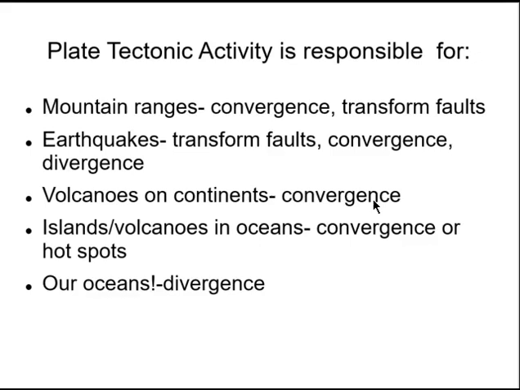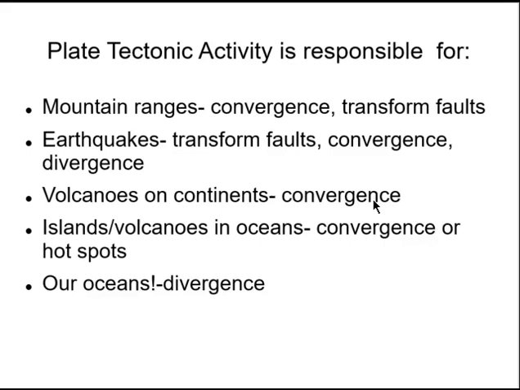So the process of plate tectonics is responsible for mountain ranges. Mountain ranges are formed by convergence and also transform faults. It is also responsible for earthquakes. We experience earthquakes along those plate boundaries, whether they be divergent boundaries or transform fault boundaries or convergent boundaries. That's basically how earthquakes occur. Volcanoes on continents are due to plate tectonics.